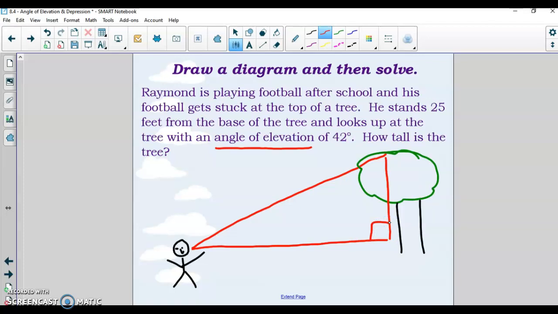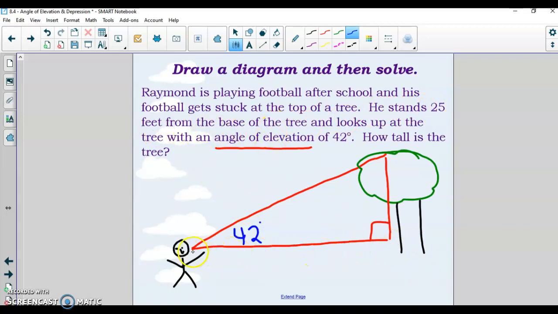And I want to fill in the information. So I forgot to write it down here before, but again, the angle of elevation from the horizontal line to his line of sight up to the top of the tree where his football is, is 42 degrees. I'll put that in there. It says he stands 25 feet from the base of the tree. So the base of the tree is the bottom.